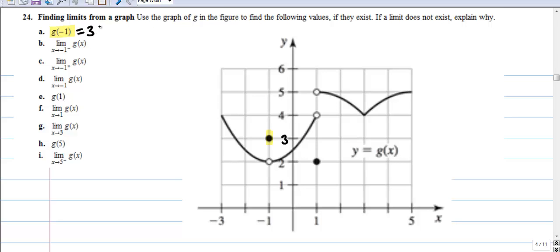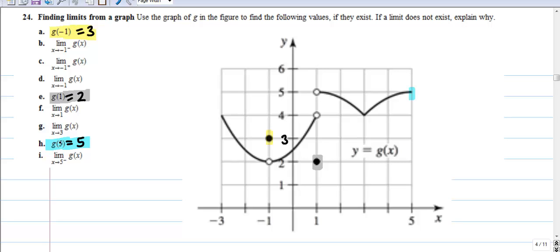So g of -1 is 3. G of 1 is right here, so that would be 2, because that's where the solid dot is. And then g of 5, so here's 5, I'd come up here. So g of 5 appears to be 5. I have to kind of assume it keeps going like that.